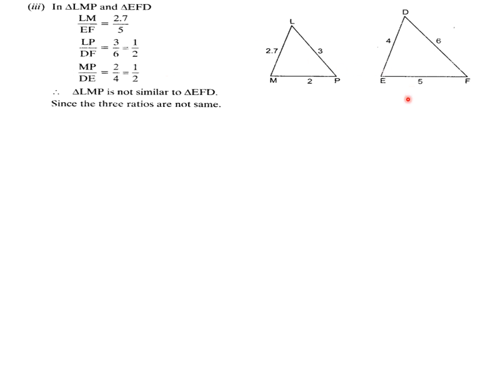In this particular question, 2 is corresponding to 4, and 3 is corresponding to 6. The angle between them here is P and here is D. If P and D are equal, then we can say that by the SAS rule these two triangles will be similar. But here the values of the angles are not given. So hence we cannot conclude whether they are similar or not.